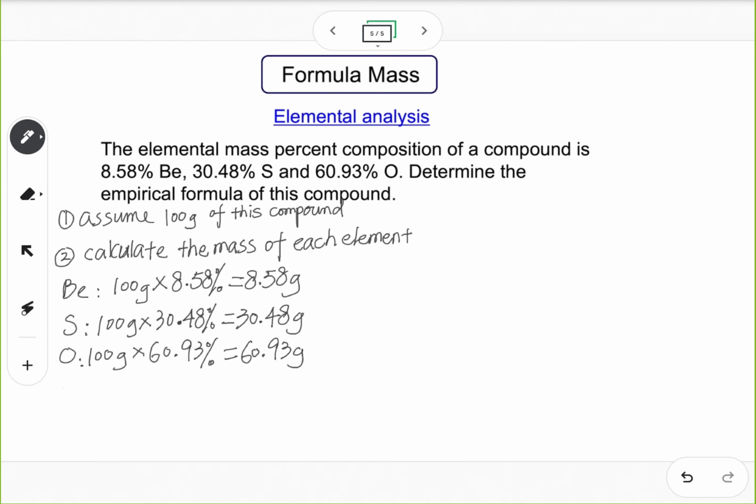Well, the next thing is to identify the mole number of each element, and then find out the molar ratio among elements to identify the empirical formula. All right, so step number 3, mole number of each element.